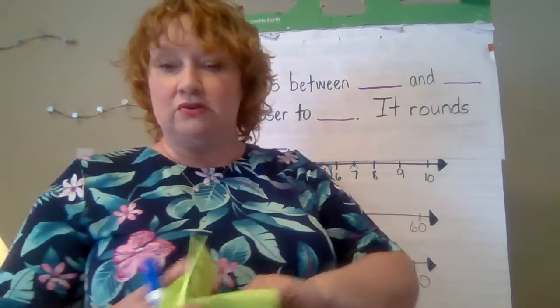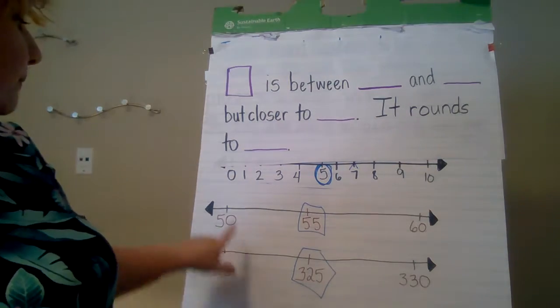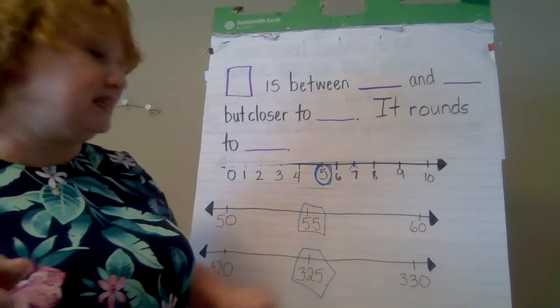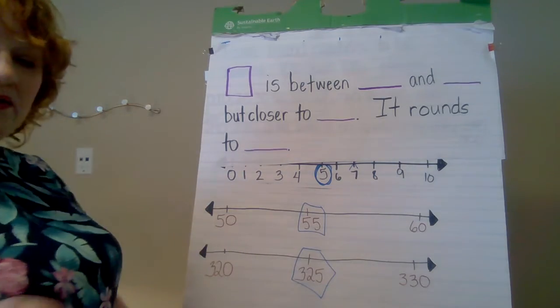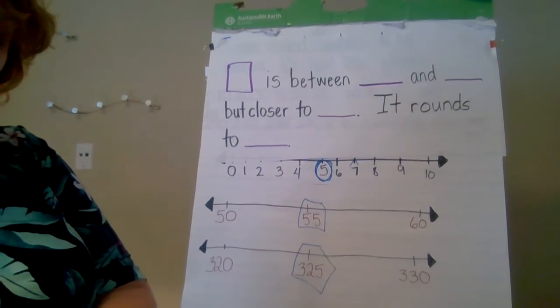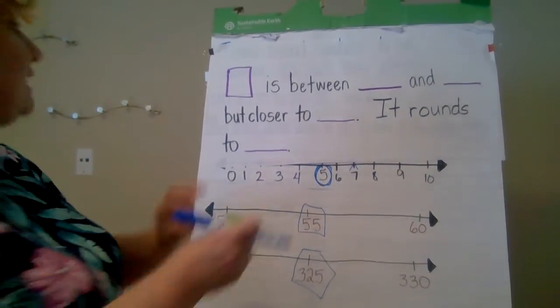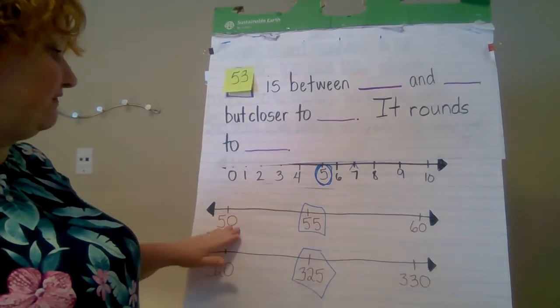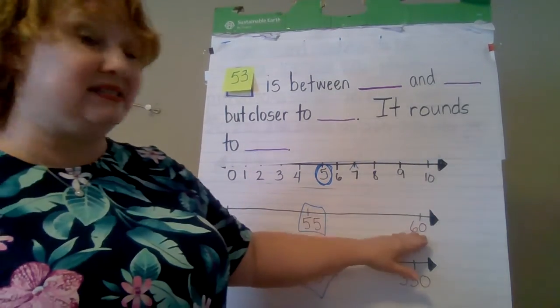So I'm going to take those off so we can do another example. Here's our one with 50, 55, and 60. Well, today, my number that I'm going to give you is 53. So let's look at that. So 53 is between 50 and 60, right?